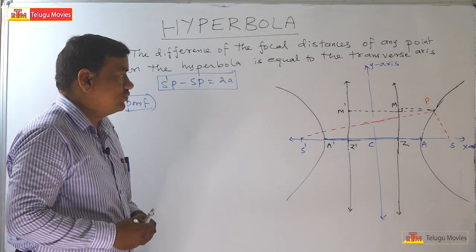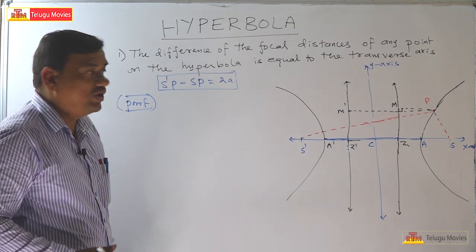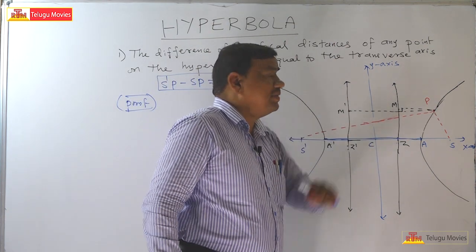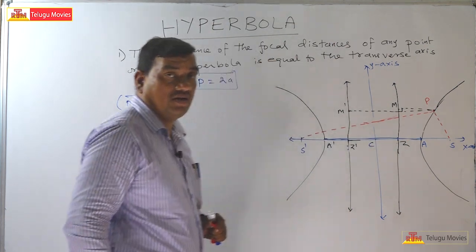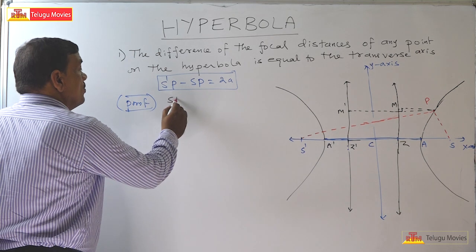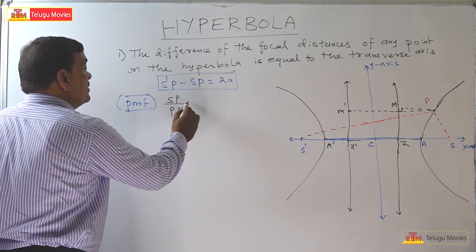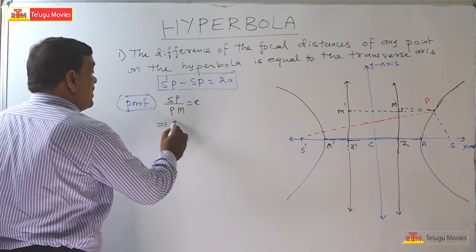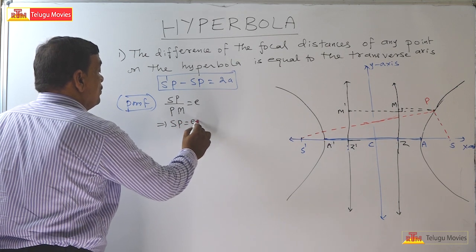Very easy proof. Let us take it by definition. We know that, let P be any point on the hyperbola, then SP by PM is equal to e. This implies SP is equal to e times PM.